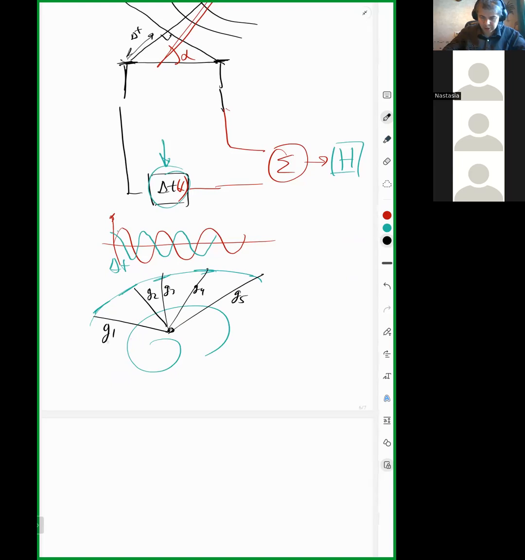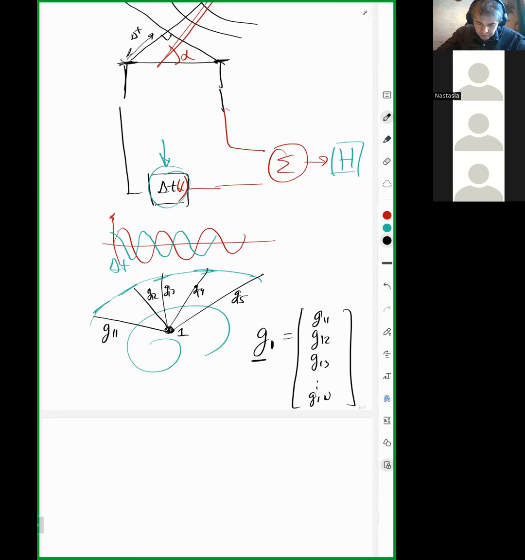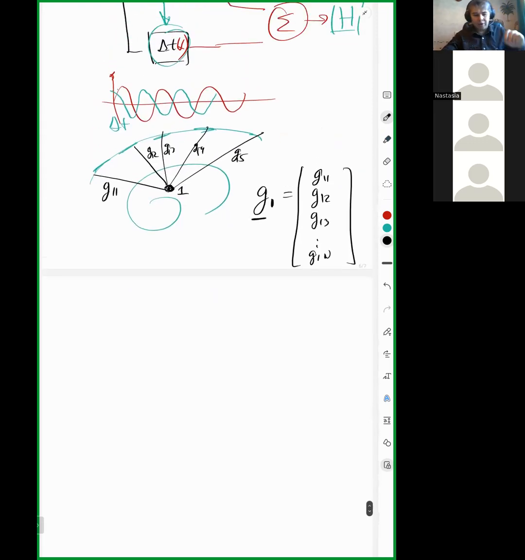These are scalars. For the first source, for instance, the G1 vector is equal to G11, G12, G13, G14, G15, and etc., up to G1n, where n is the number of sensors. This is the vector that tells you how this source manifests itself on the sensors. And this is your model.